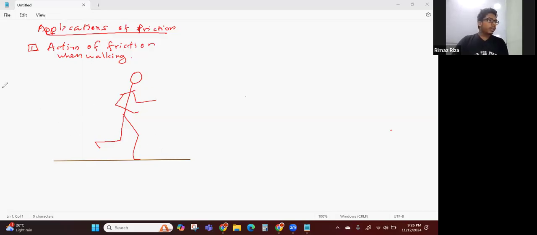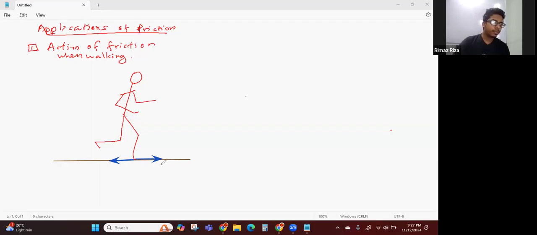So here what we do, we keep the leg on the ground and we push the ground backwards. Then equal and opposite friction acts on our leg by the ground.